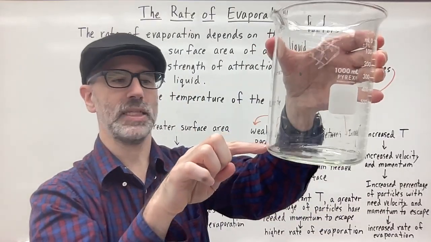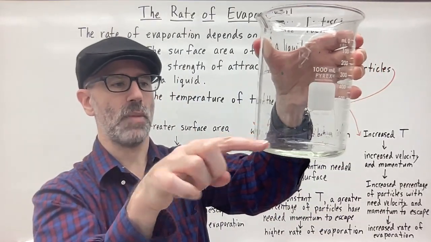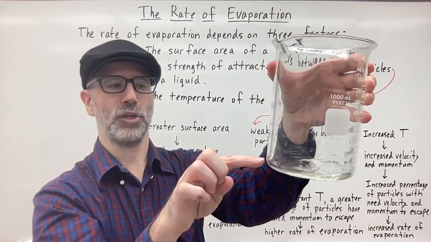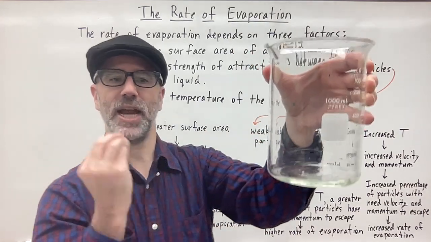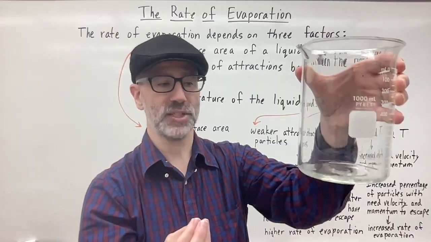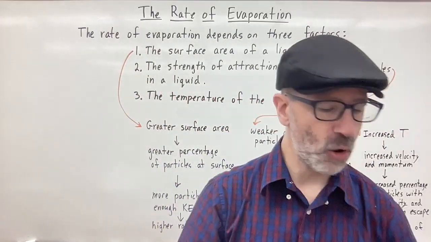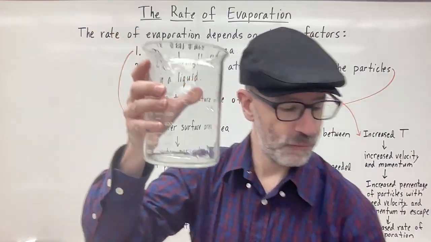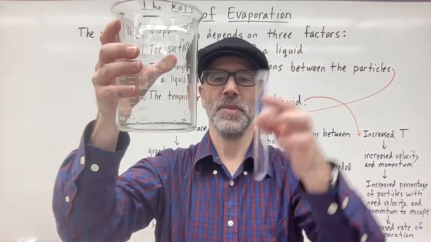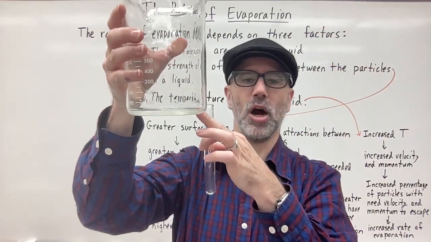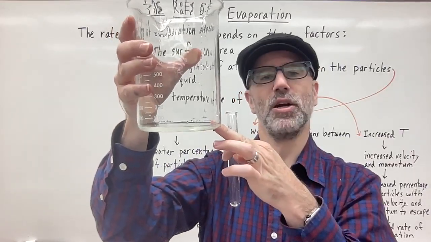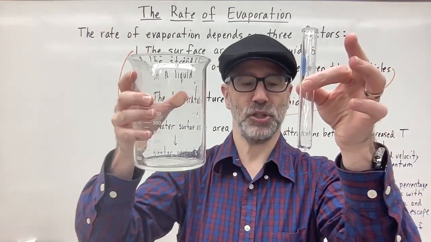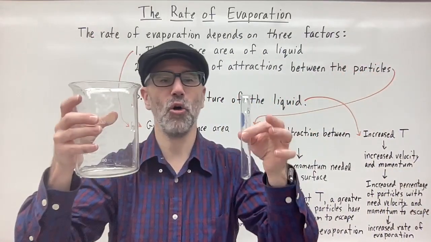So now you've increased the number of water molecules at the surface, and you have a lot more water molecules that have enough energy to escape. So I would expect, if I had the same amount of water in here versus in here, that the water in this large beaker is going to evaporate more quickly than the water in the test tube, right? And you could try that at home if you want.